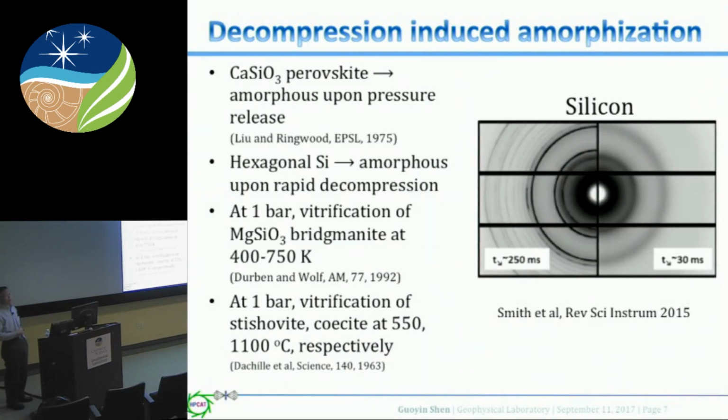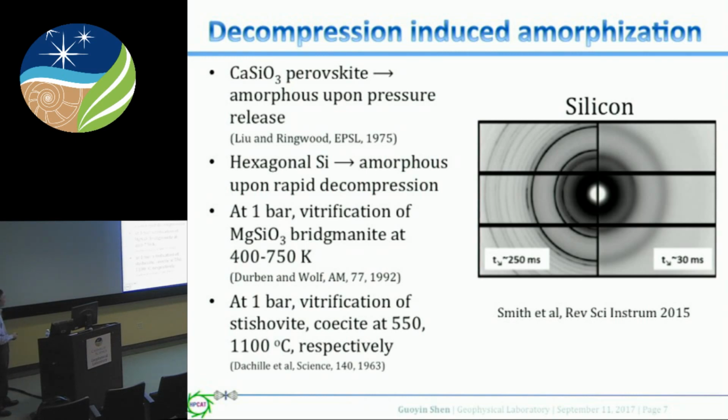What about decompression then? There are a lot of examples of decompression-induced amorphization. Calcium perovskite, or I should probably call it bridgmanite, maybe perovskite is better here. This calcium perovskite, upon pressure release, becomes amorphous. So we can view that as decompression-induced amorphization.